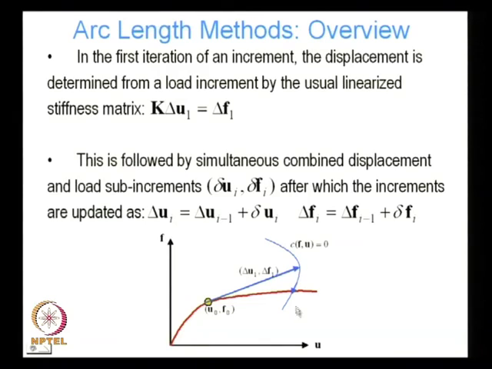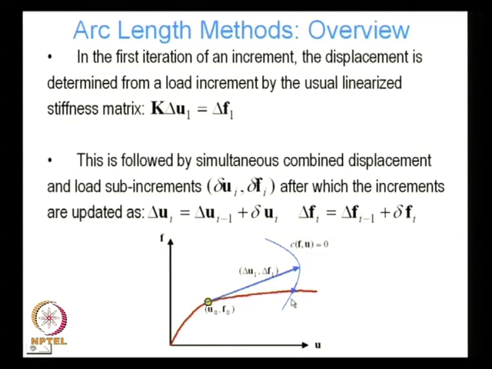Following that initial increment, where my load increment delta f1 is fixed and I calculate my displacement increment, in the subsequent iterations I can change both my load and my displacement. Obviously, if I have to travel from here to here, I have to change both the load and the displacement.